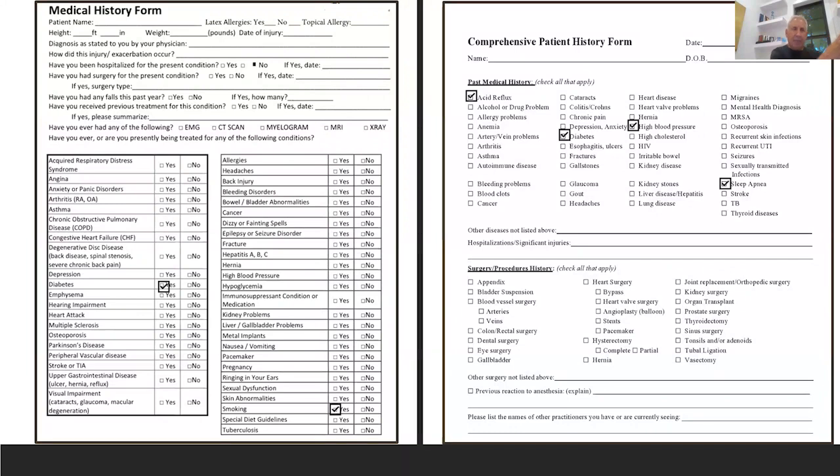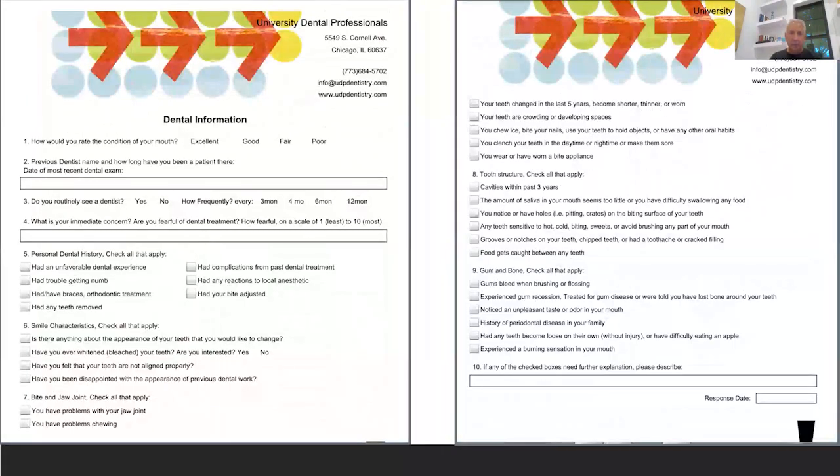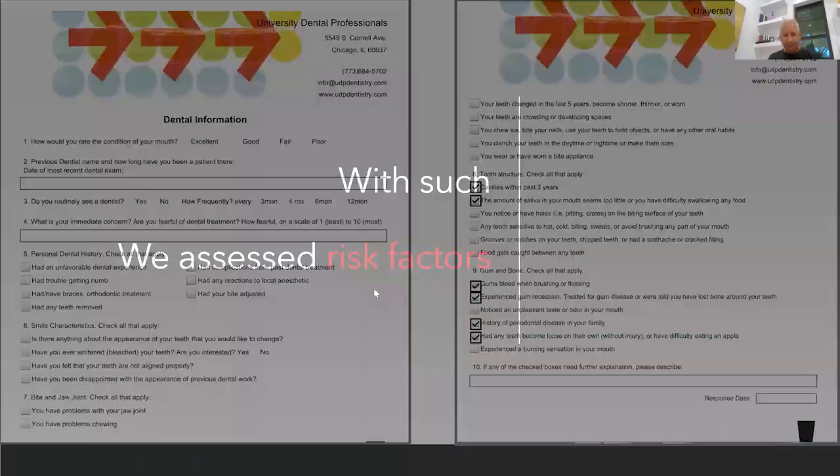So now we have the medical history, and the more we learn about the medical history and familial history, we then go to the dental history. And when we're looking at cavity-prone patients or periodontally prone patients, and we're looking at both the dental history and medical history, these are huge signs and opportunities before we even walk into the room to have an idea of what's going on with that patient.